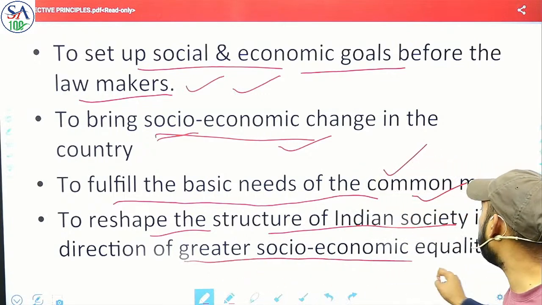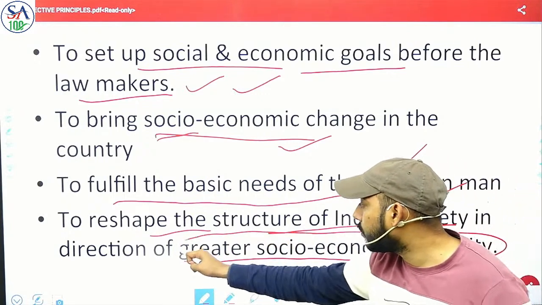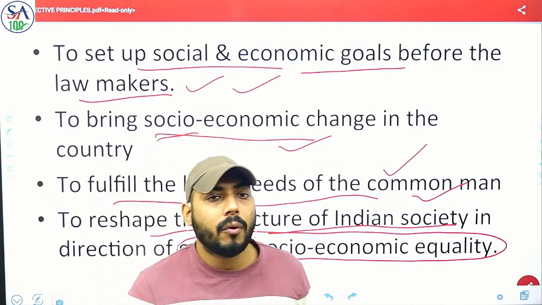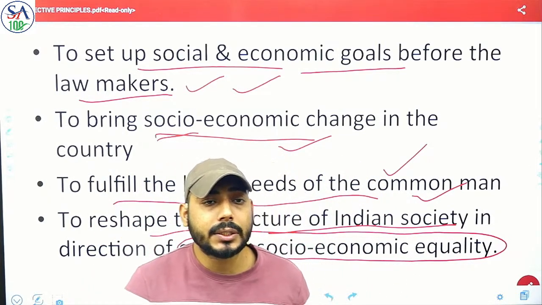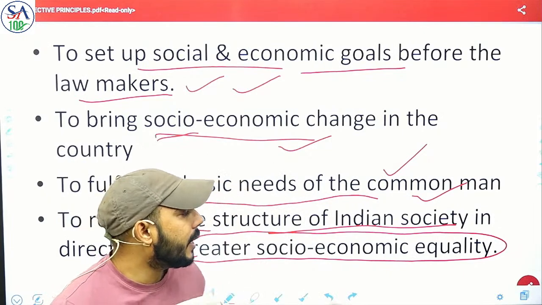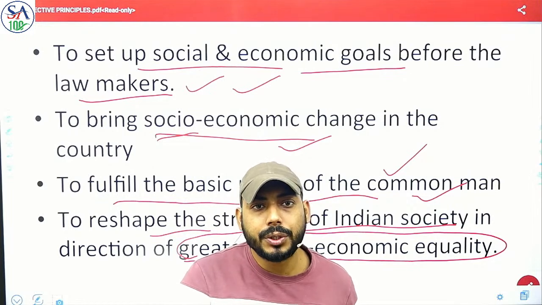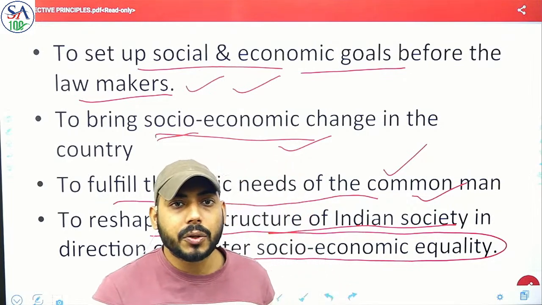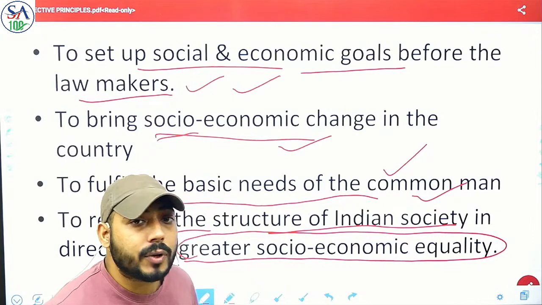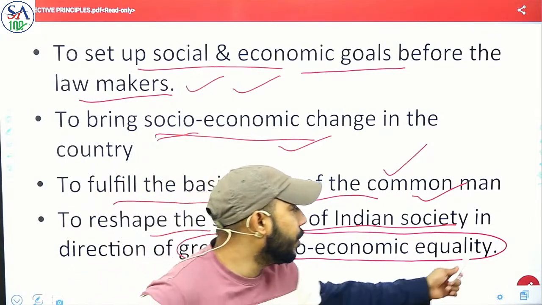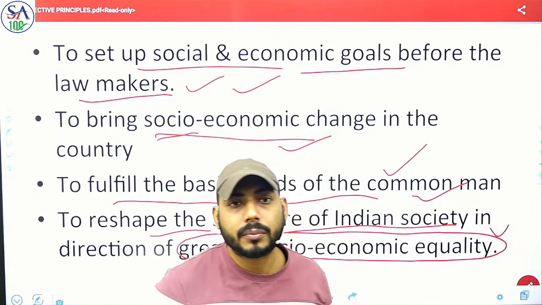of greater socio-economic equality. During the British time, during the medieval period, we have seen that large scale inequality existed in Indian society. So when our constitutional makers were designing our Constitution, it was one of the major objectives to achieve the target of socio-economic equality.